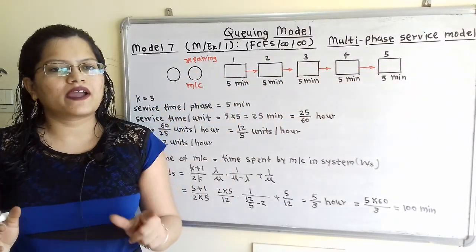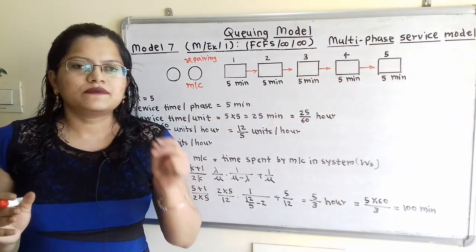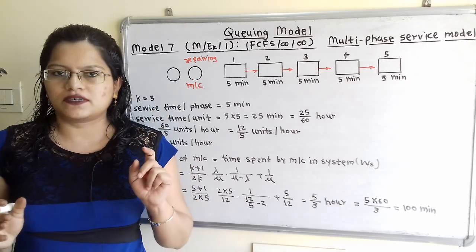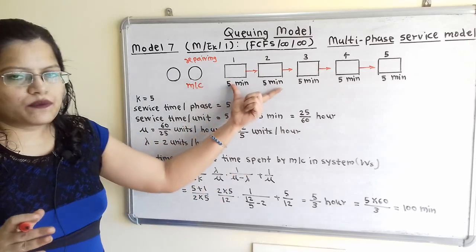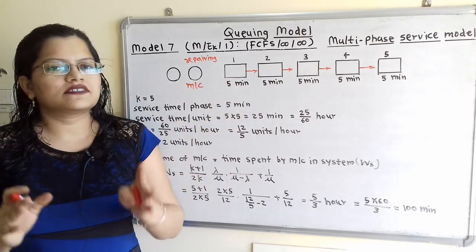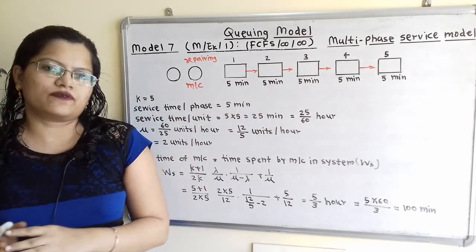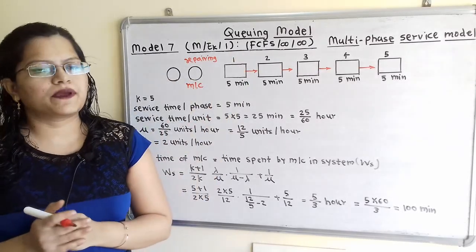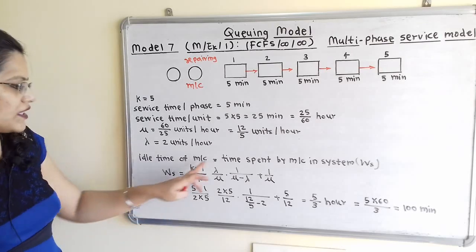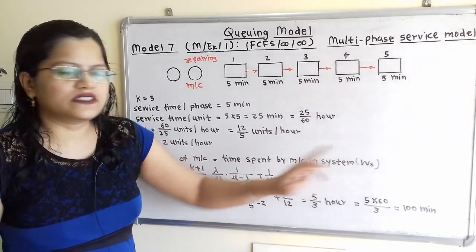So we have to find out the time spent by the machine in the system, that is WS, and within that time only is considered as the idle time of the machine, because these are involved in the repairing process. So what is the time spent by the machine in the system, WS?